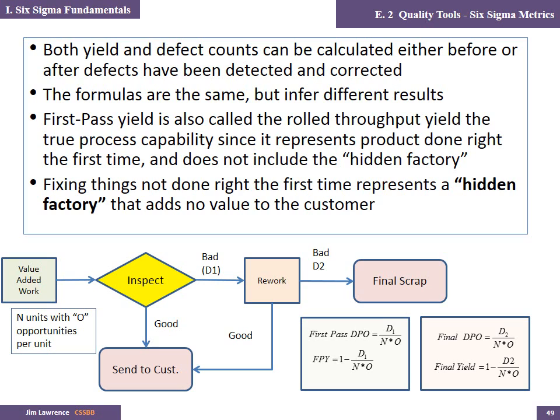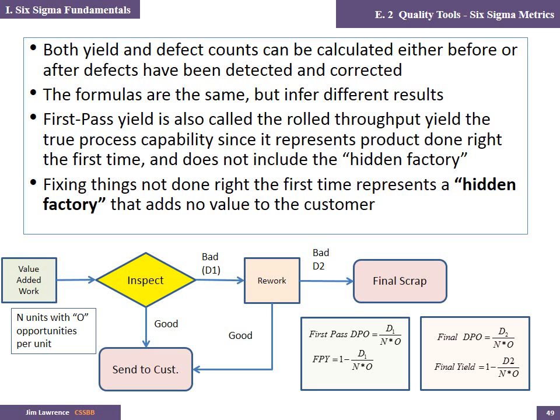Now, yield and defect counts can be calculated before or after defects have been detected and corrected or dispositioned. The formulas are the same, but they infer different results. First pass yield is also called the true process capability, since it represents product done right the first time and does not include the hidden factory.